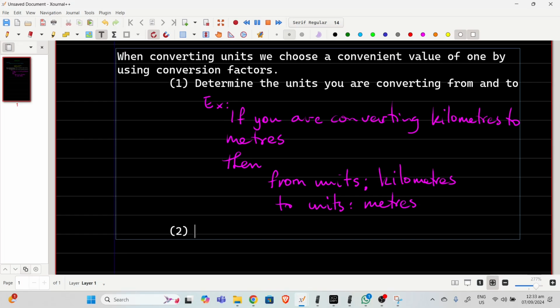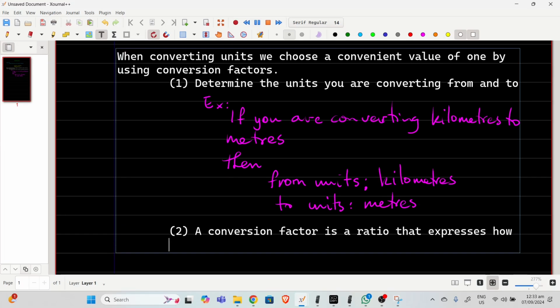A conversion factor is a ratio that expresses how many of one unit are equal to another unit.